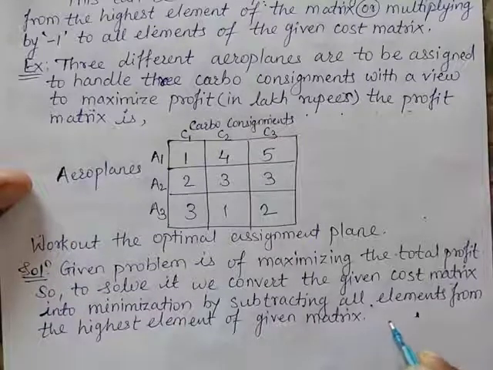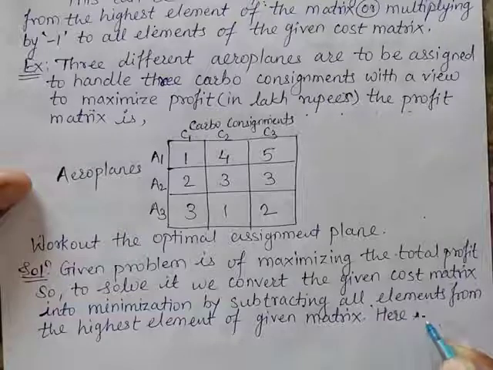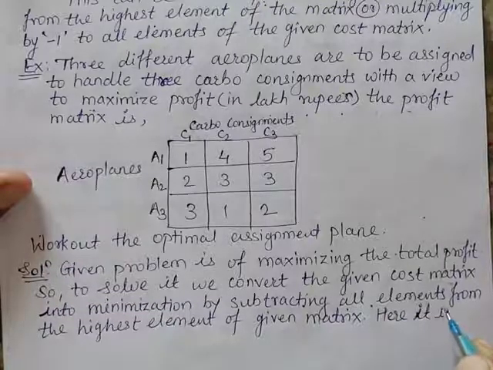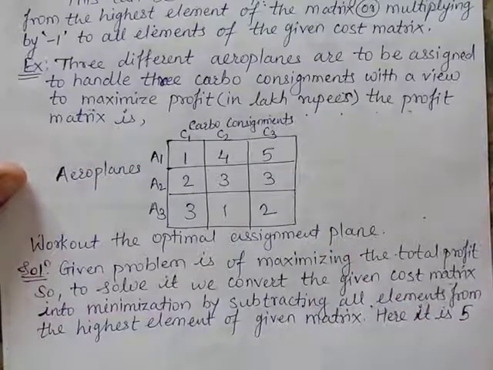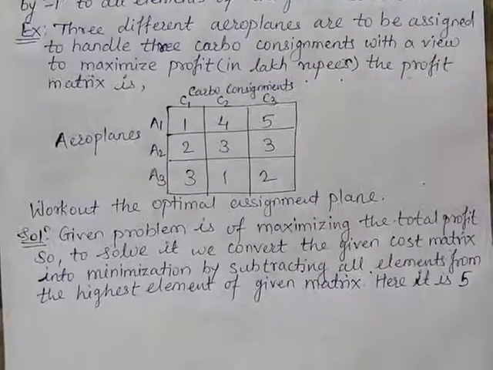What was the highest element in this matrix? Here it is 5. So we will subtract each and every element from the 5, and then later on we are solving it.